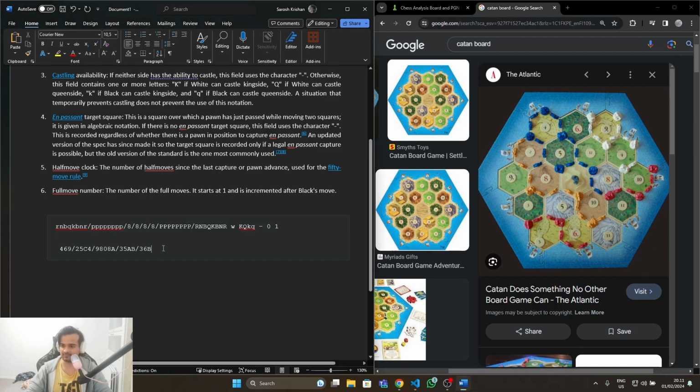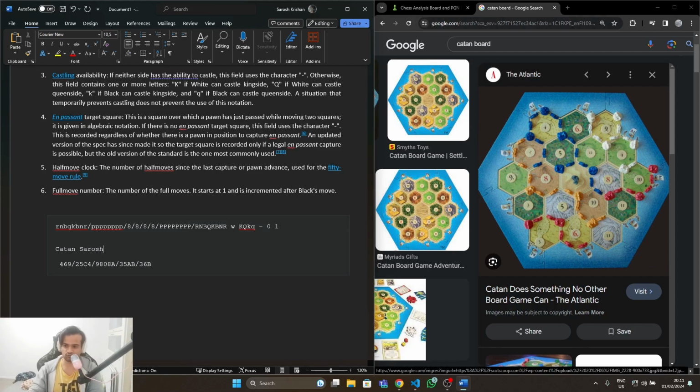So in Catan, let's just call it the Catan FEN. Okay, wait. It's not going to be the Catan for whatever notation. Let's call it something fun. Let's call it the Soros notation. The SN? SN doesn't sound so fun, but the skin notation, because my last name is Soros Christian.